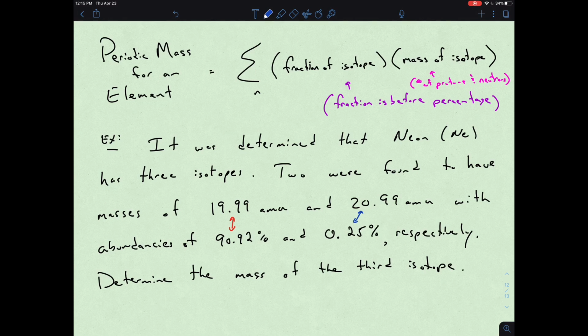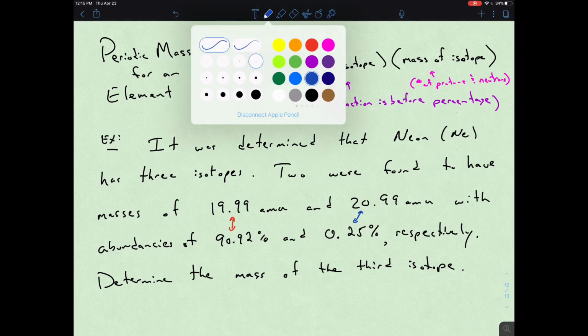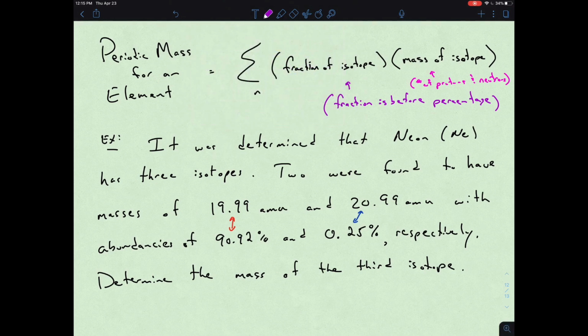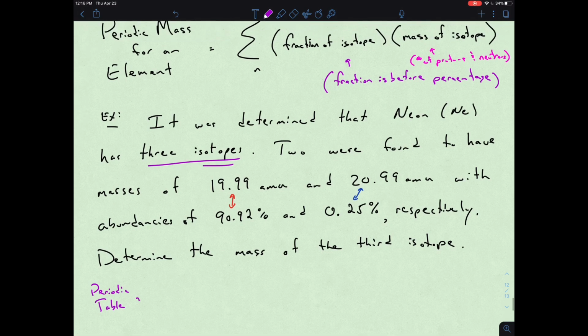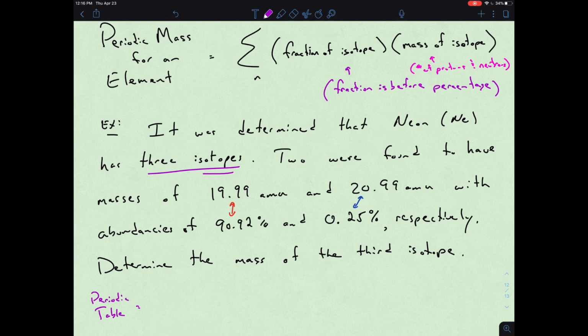There's two of them. We want to determine the mass of the third isotope. And so when looking at this idea of isotopes, we have to look at the equation that we were just referring to, in reference to each one of the isotopes.